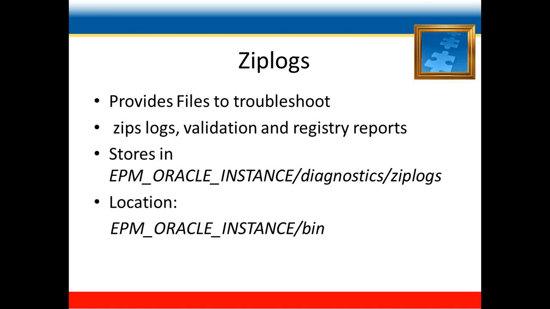After execution of this utility, you will see your result in the EPM Oracle instance under the diagnostic directory, under the ziplocs directory. So you will be provided with all the logs, validation, and registry reports under the ziplocs directory after execution of this utility. You can find this utility under the EPM Oracle instance bin directory again.